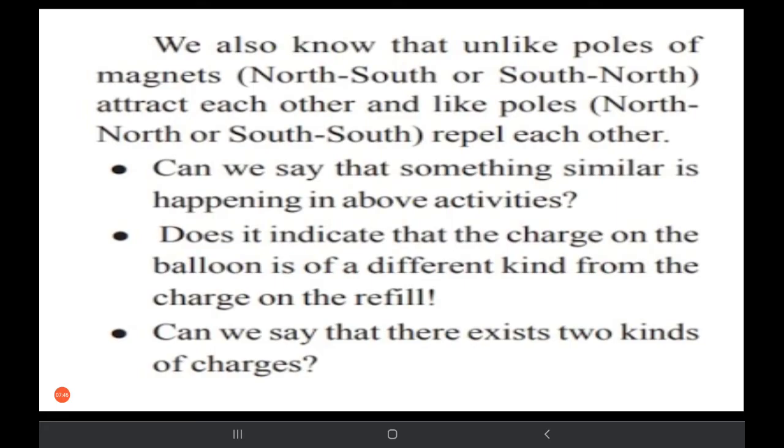So does it indicate that the charge on the balloon is of a different kind from the charge on the refill? Yes. Here it indicates they are different charges, right? So here the balloon and refill have different charges. They acquire different charges.